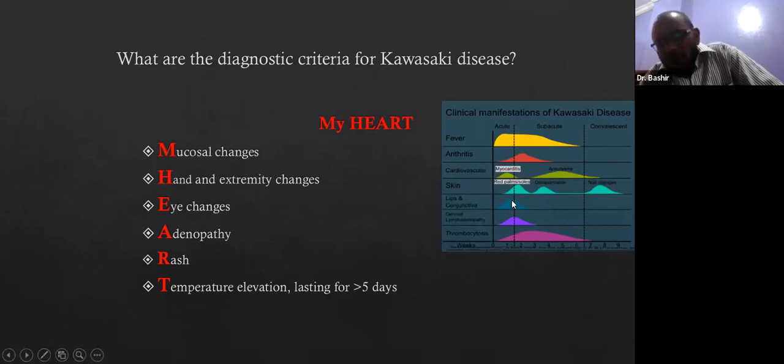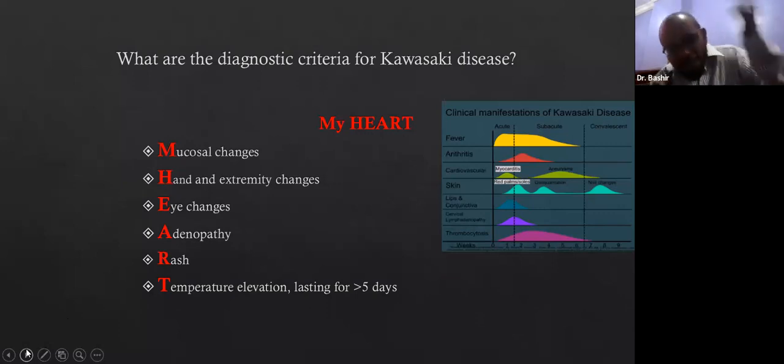Lips and conjunctiva will also show erythema first, of both lips and conjunctiva. Cervical lymphadenopathy first, and thrombocytosis. Thrombocytosis will be present maybe after 2 to 3 days, sometimes after the first week of life. So when the child comes first, do a baseline.